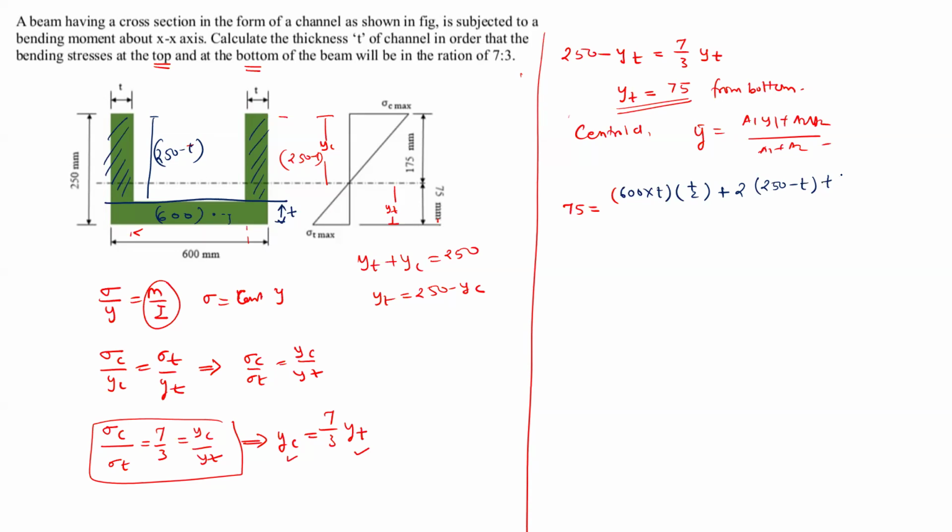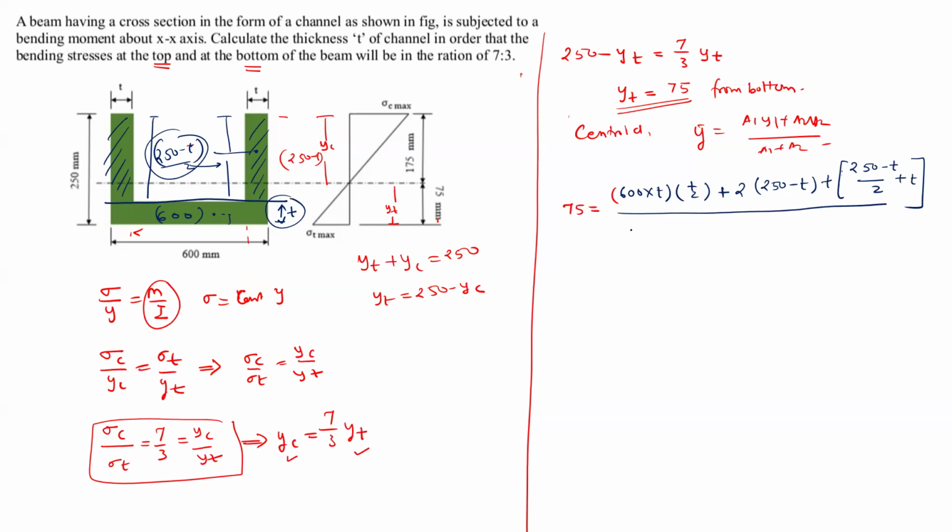So that is the area. And what will be the y bar for that? The y bar for that will be 250 minus t divided by 2 plus t, right? Because obviously the centroid will be here. So how much is this distance? It is this, so that is divided by 2 and plus this t.